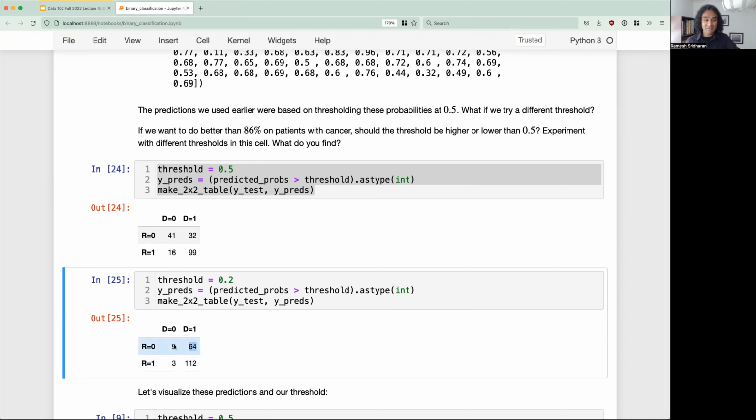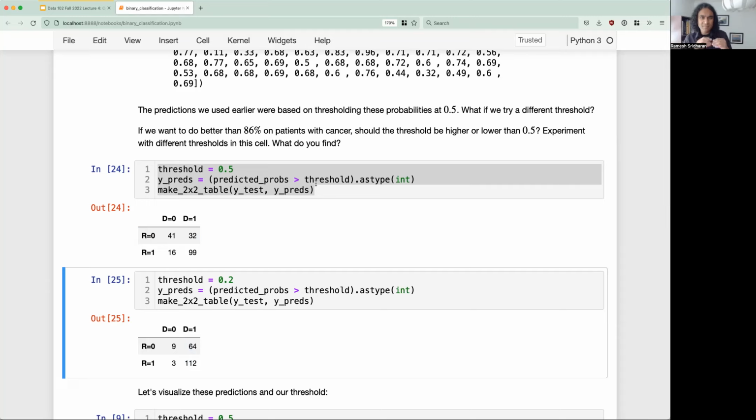But for this case over here, I did much worse, right? In the reality equals 0 case, you can see that before I was right 41 times out of 70-something. Now I'm only right 9 times. So I set a really low threshold, and that means I do a much better job on the positives, because even if the probability is like 0.3 or 0.21, I'm still going to declare a decision of 1.